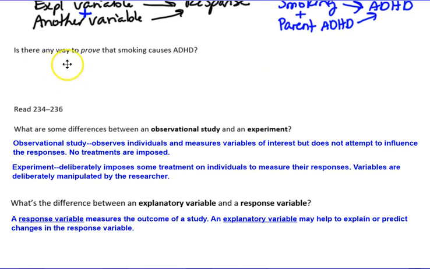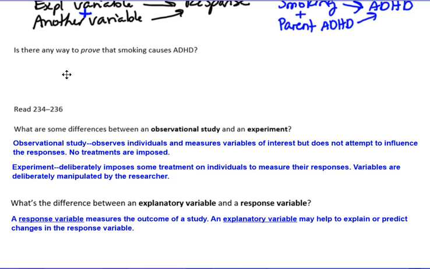So actually, there is no way to do an experiment to test this. Now, that doesn't mean that down the road there might not be fairly certain evidence that smoking causes ADHD. In the 40s and 50s, cigarette smoking was very, very common. As a matter of fact, tobacco companies gave away cigarettes to the GIs in World War II.